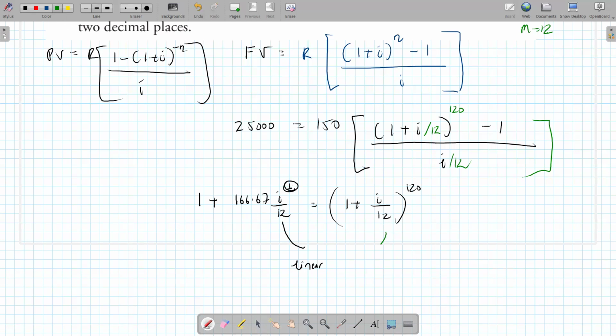This is a polynomial, it has a power of 120. There is no easy way to combine to the power of 120. If it was power 3, 4, 5, I guess we could do synthetic division and try to make it easier. But as of right now, this is not doable.